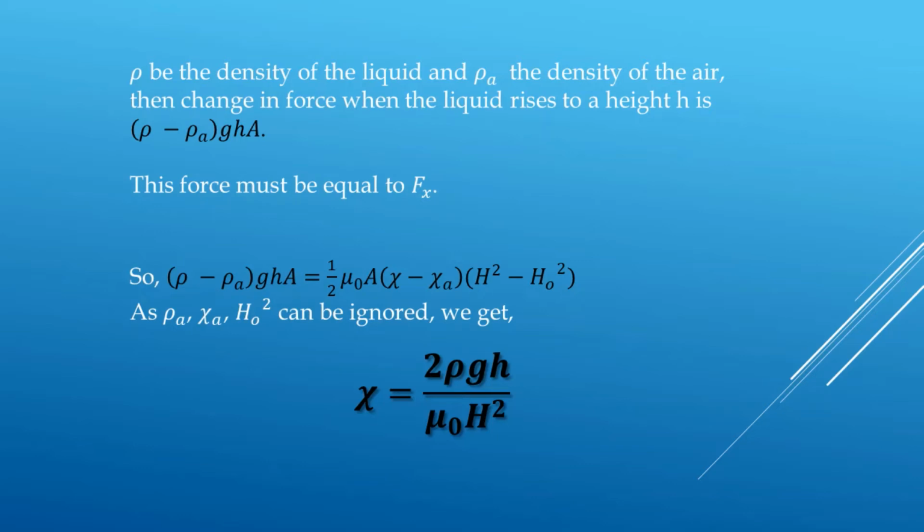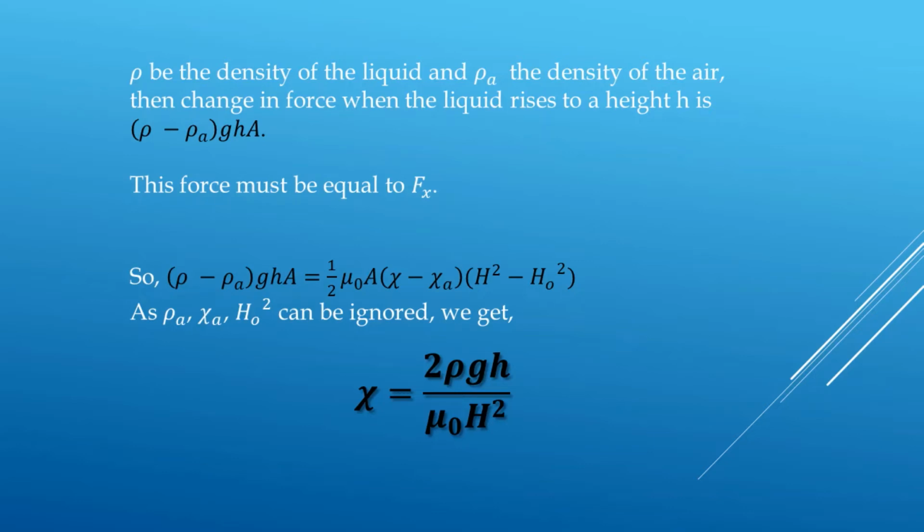Now, h0 square can be neglected, because with respect to capital H, h0 is much smaller, right? Chi a can also be ignored, and we can also ignore the density of the air.